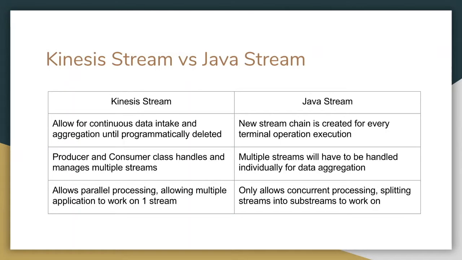Second, the producer and consumer classes handle and manage multiple streams in Kinesis Stream, whereas in a Java stream, multiple streams have to be handled individually for data aggregation. Lastly, Kinesis Stream allows for parallel processing, allowing multiple applications to work on one stream. In Java stream, it is not so much parallel processing, but rather concurrent processing, splitting the stream into substreams to work on.